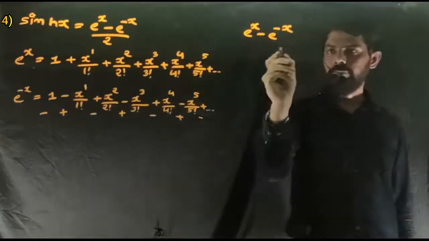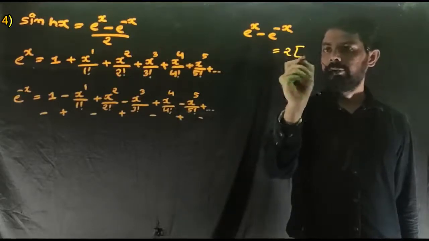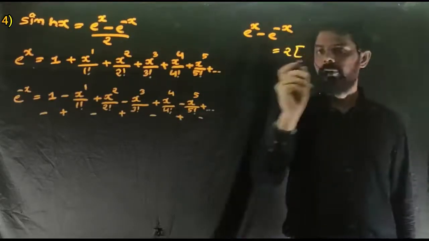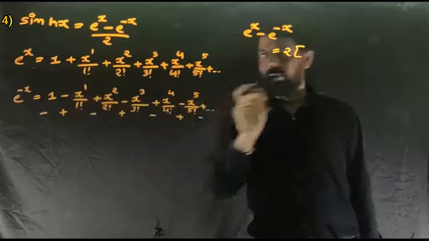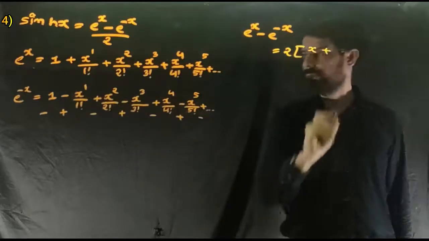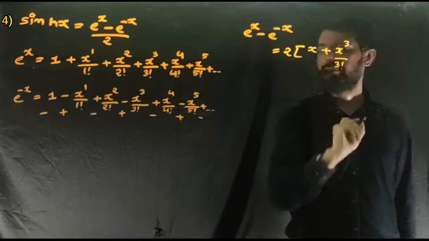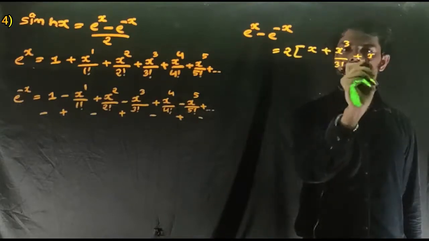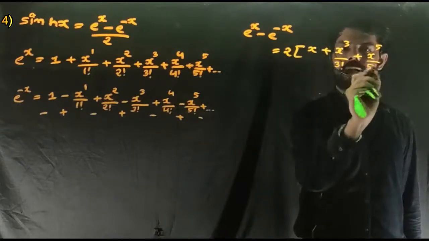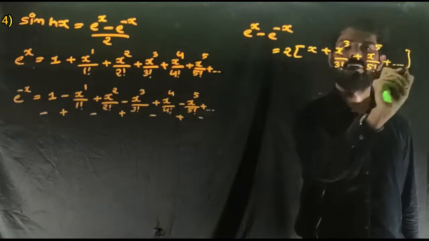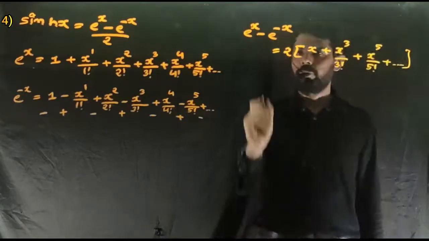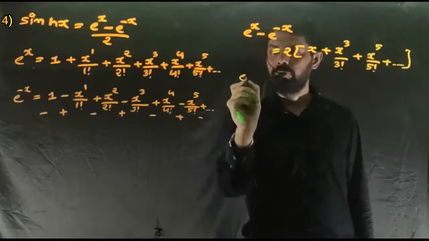So here taking 2 common, in bracket it will be x plus x cube by 3 factorial plus x raised to 5 by 5 factorial plus so on. Now dividing by 2 on both sides.